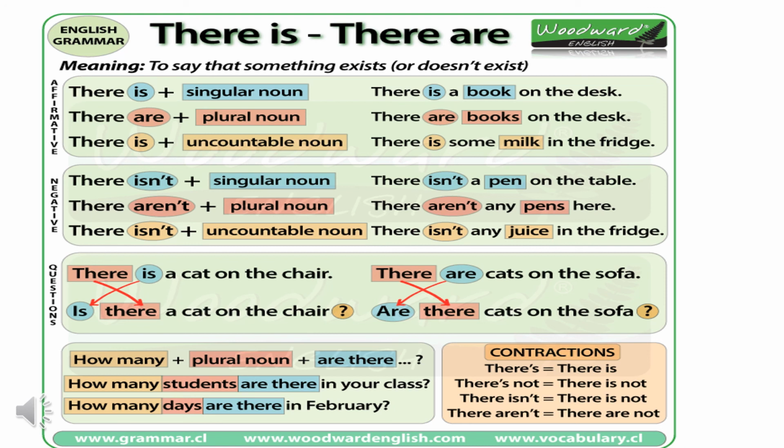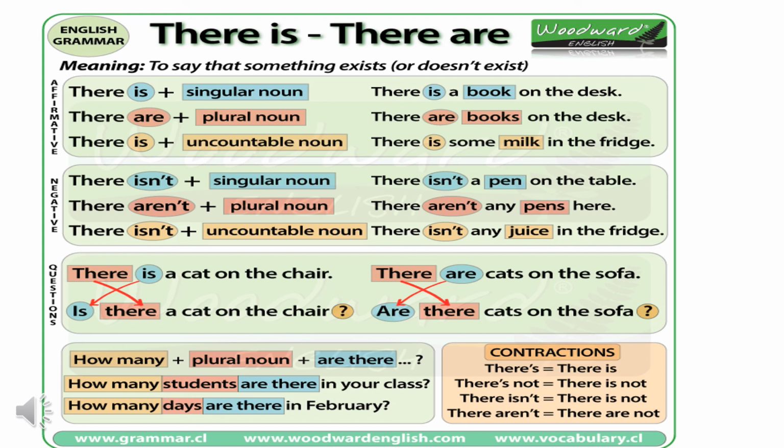There is one teacher. How many students are there? There are 45 students. How many students are there in the class? There are 10 students. How many days are there in February?